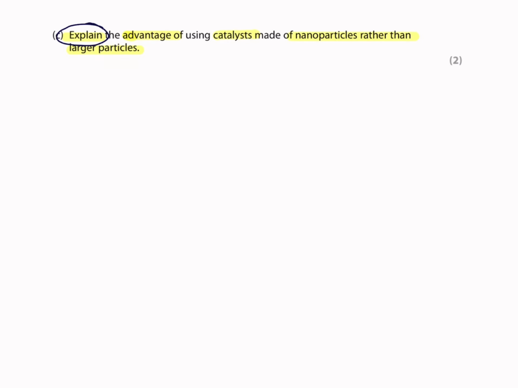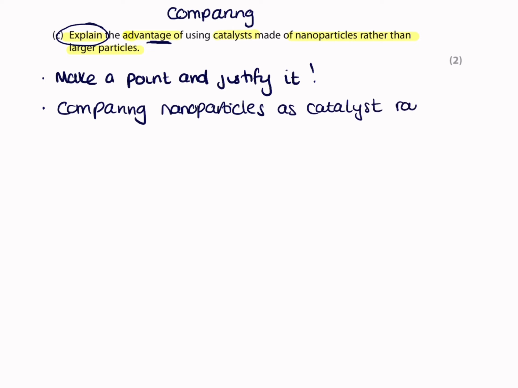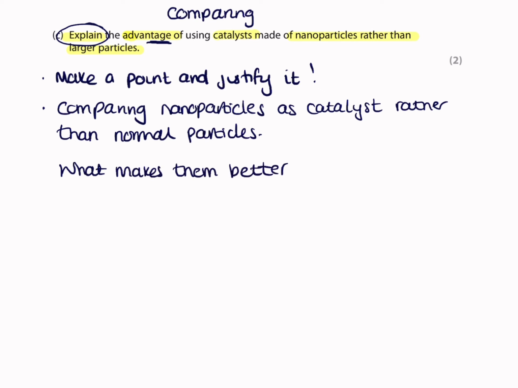It's an explain question, so we need to make a point and then explain it, justify it. We need to look at the advantages of nanoparticle catalysts rather than large particles, so we need to compare. What makes nanoparticles better? It's worth 2 marks.